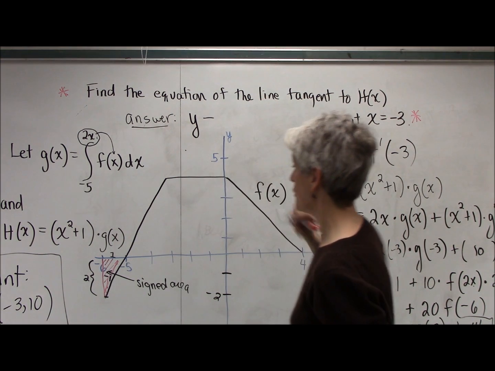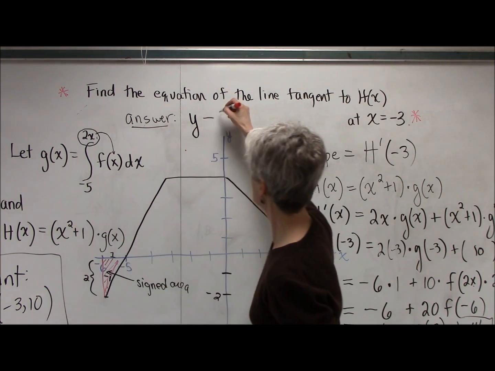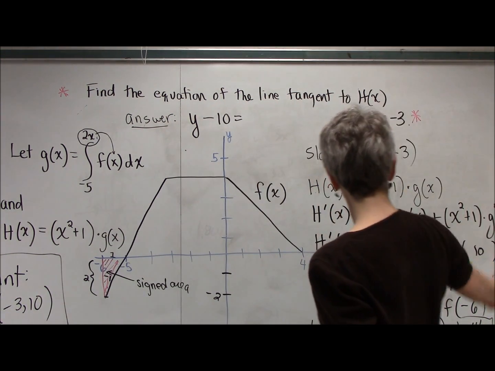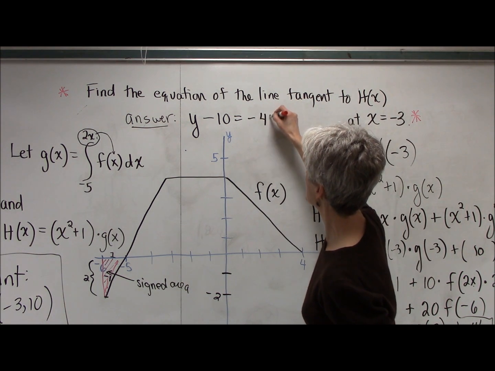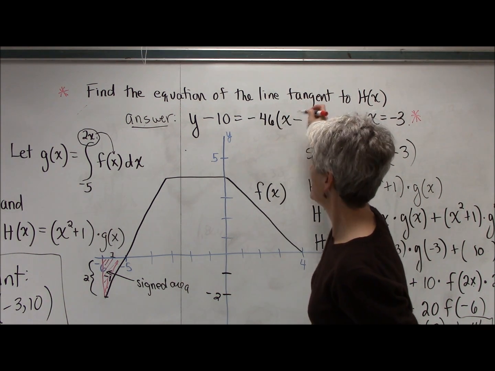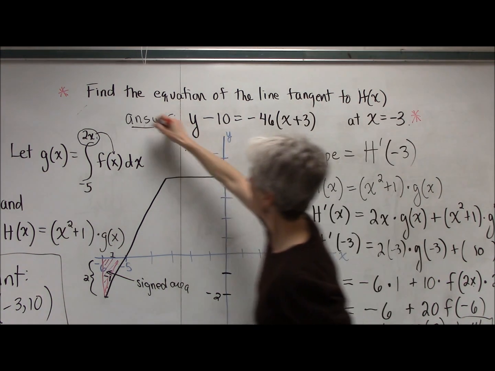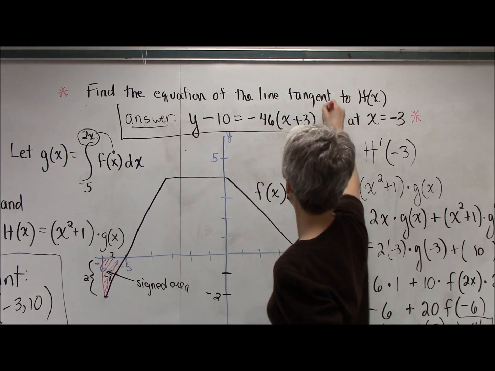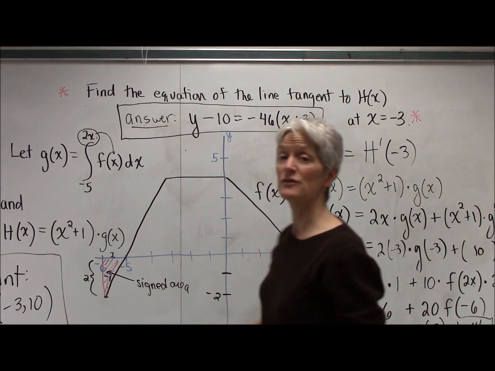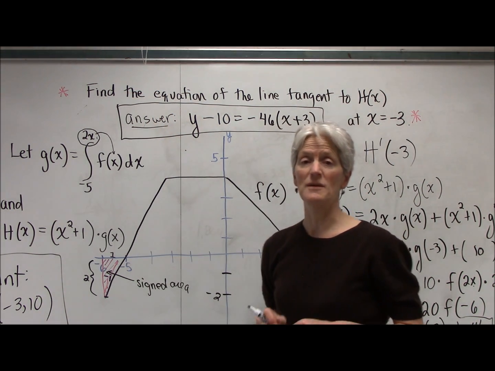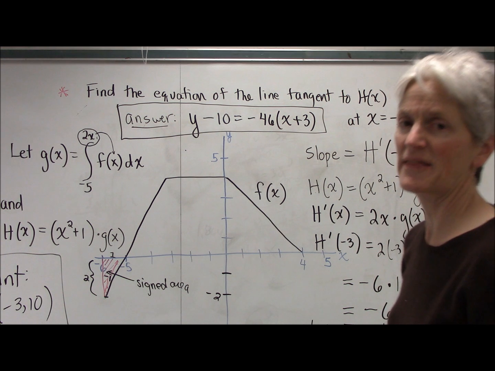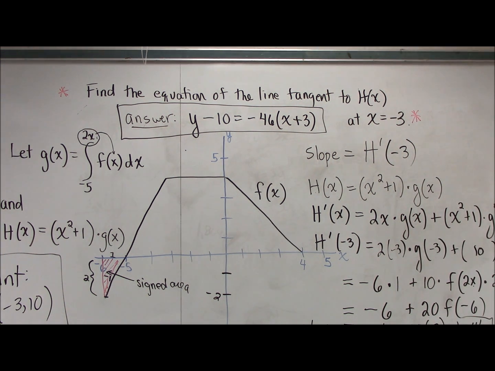Y minus my y value, which is 10, equals my slope, which was negative 46, times x minus my x value, which is negative 3. And there is the answer. Of course, for those of you who are big fans of y equals mx plus b, you can just expand that out, combine like terms. But there it is. That was a monster of a problem, but very satisfying.